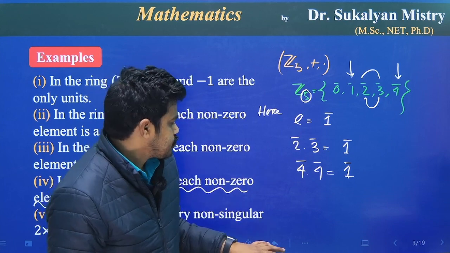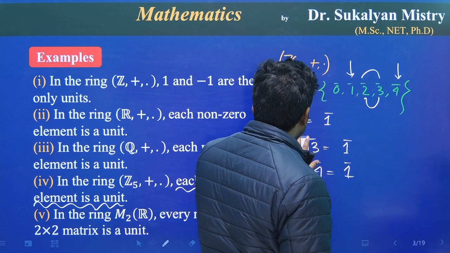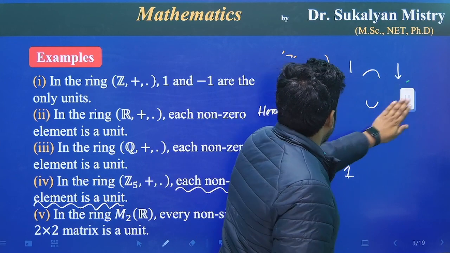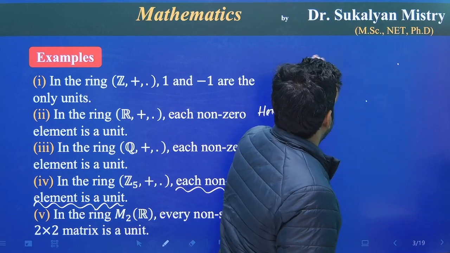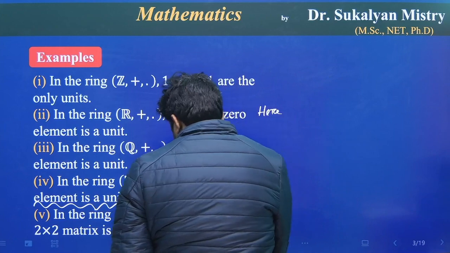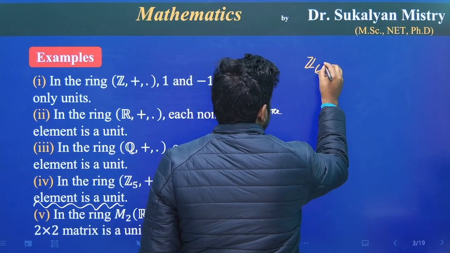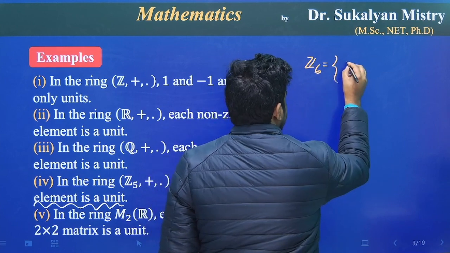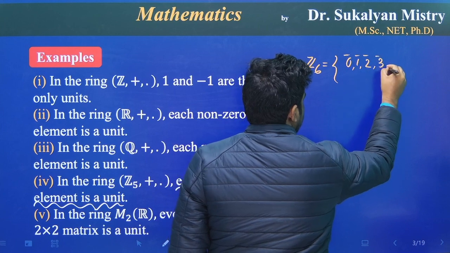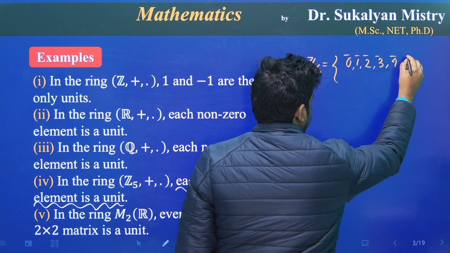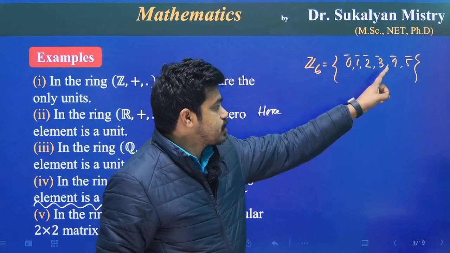Now suppose we consider Z6. What are the elements of Z6? 0 bar, 1 bar, 2 bar, 3 bar, 4 bar, 5 bar.